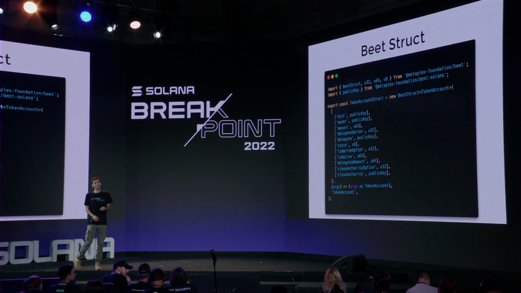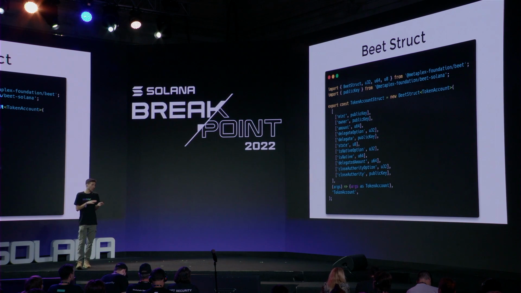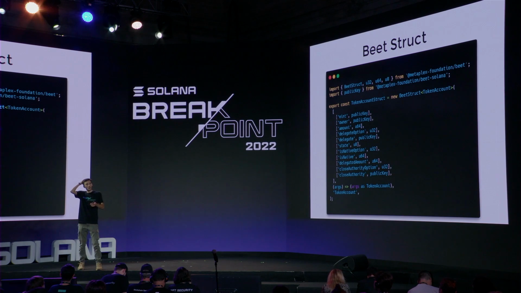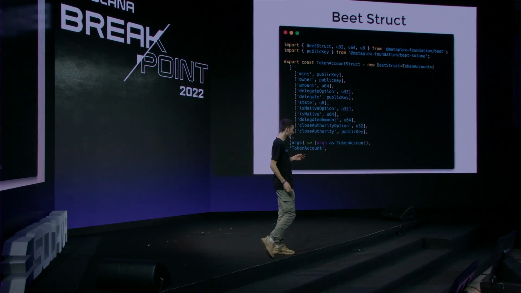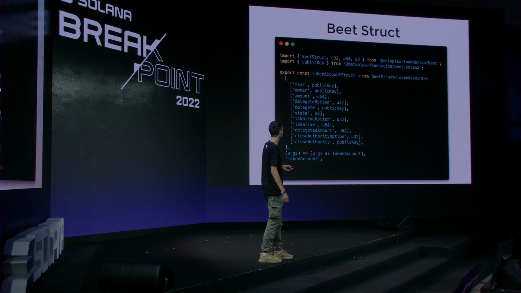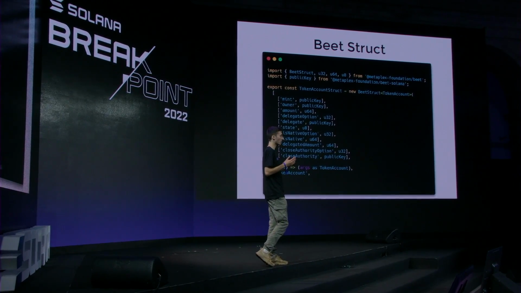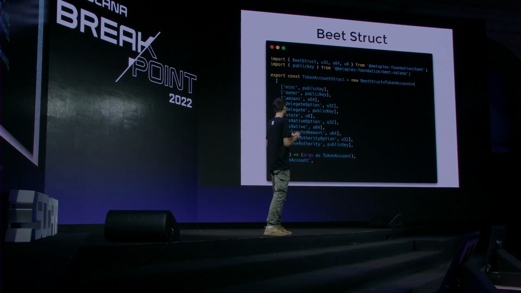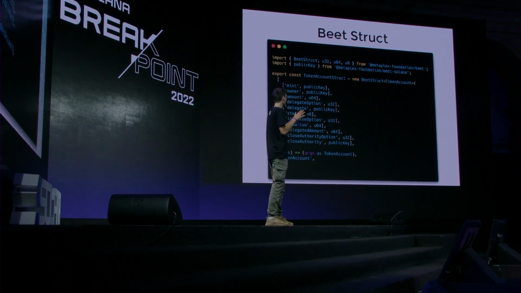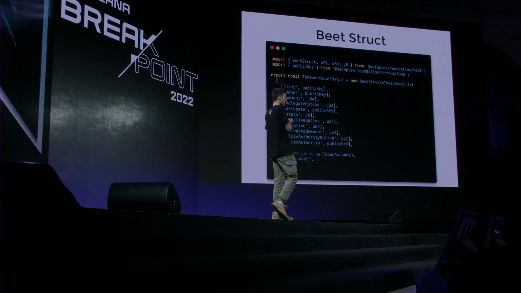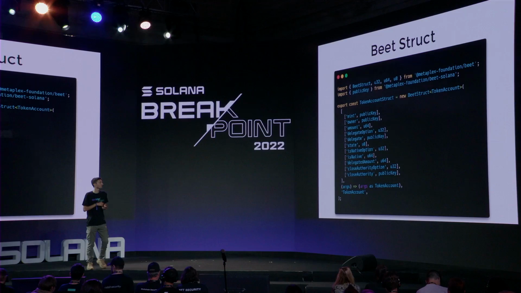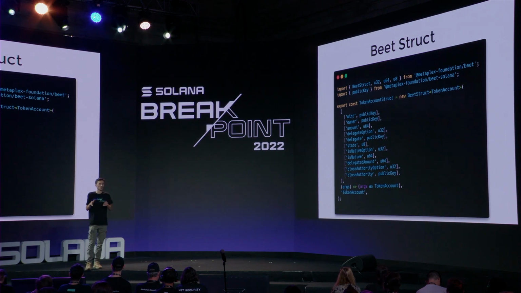Or if the program is using Anchor, you can generate a file known as an IDL, and the IDL will give you all the structure that you need to use. So it's really convenient to have the IDL. The IDL is like the ABI on EVM blockchains.